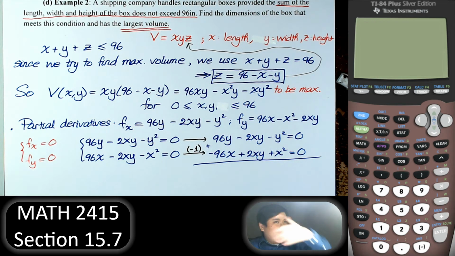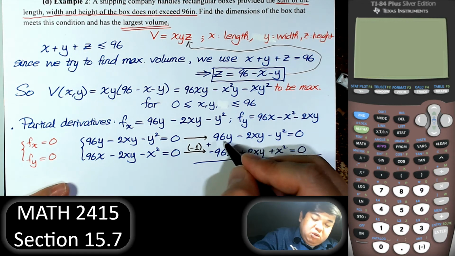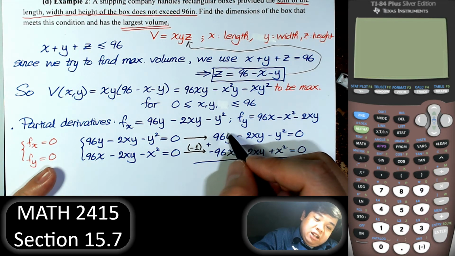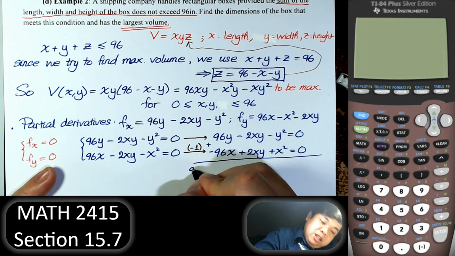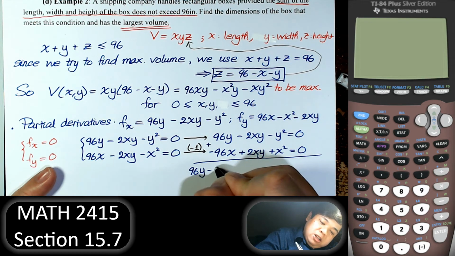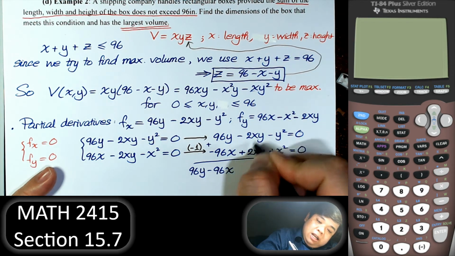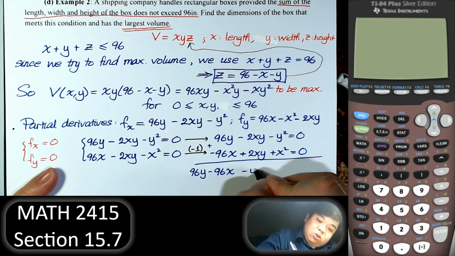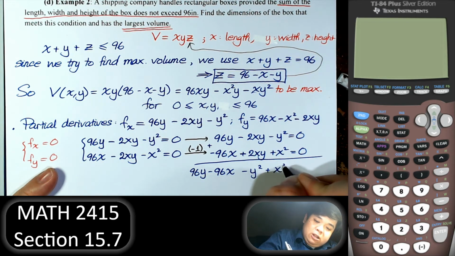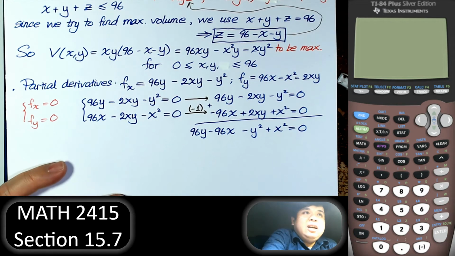Usually for a symmetric equation like this, elimination may be a good idea. So we have 96y minus 96x, and the 2xy terms cancel out, and minus y squared plus x squared equal to 0. How does that help? Well, let's see.